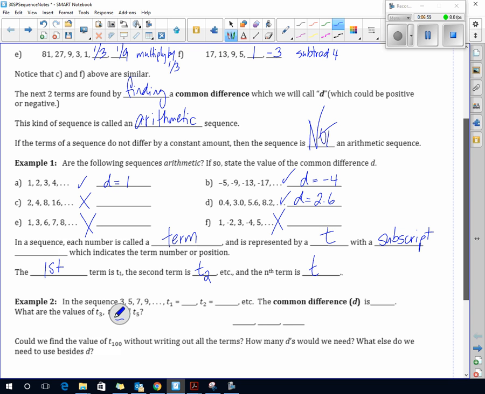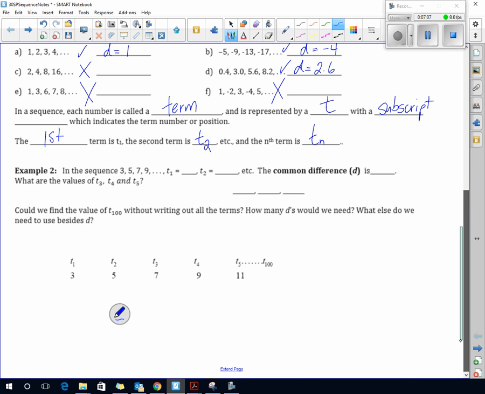Okay. In the sequence 3, 5, 7, 9, ..., T1 would be 3. T2 would be 5, etc. The common difference, D, is 2. What are the values of term 3, 4, and 5?